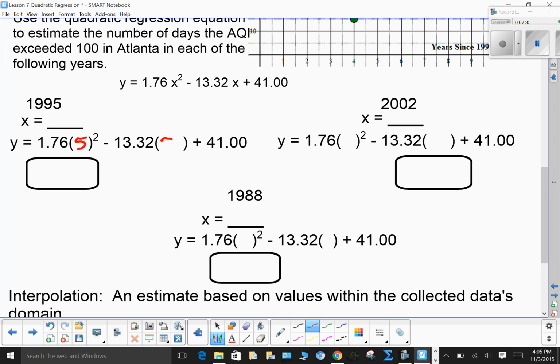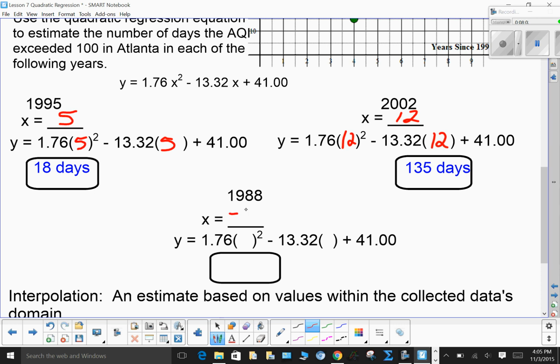So I put a 5 in, I evaluate it, and I come up with 18 days. For 2002, remember that you have to think 1990 to 2002. That's 12. So I put a 12 in every place where there was an X, and I evaluate, and I get 135 days.